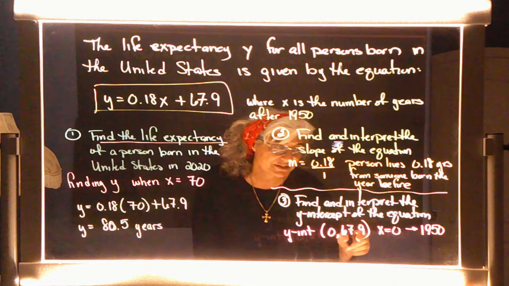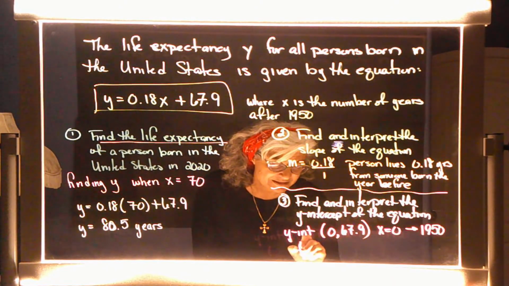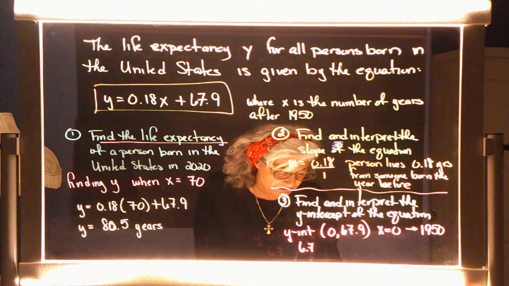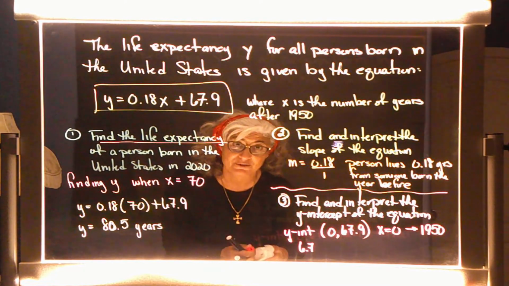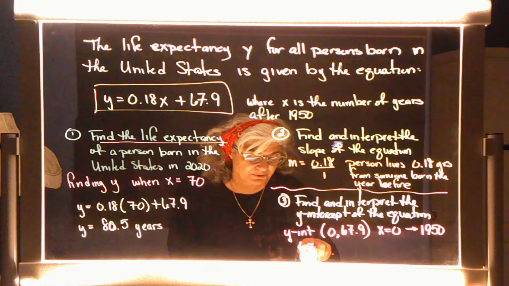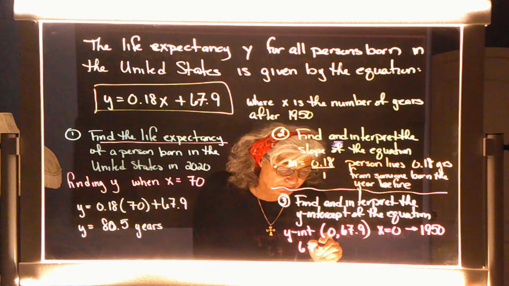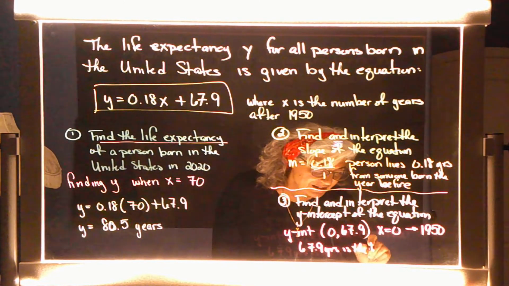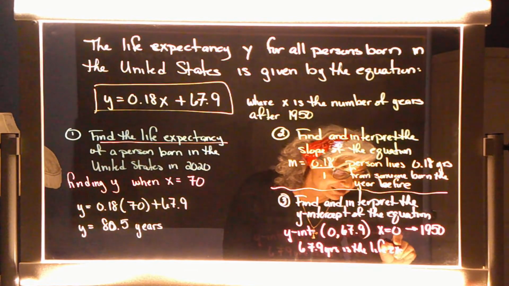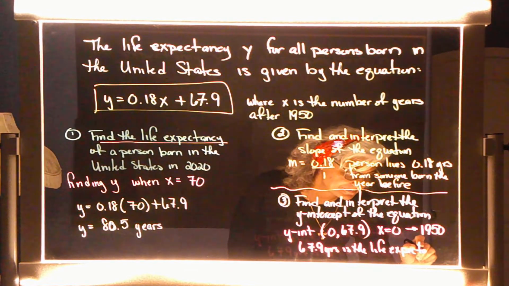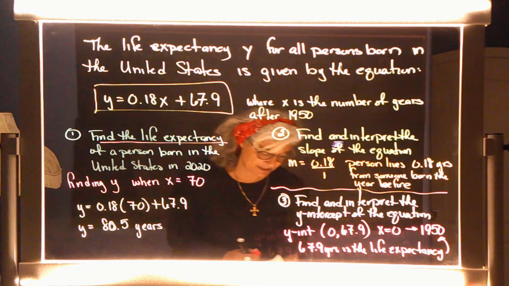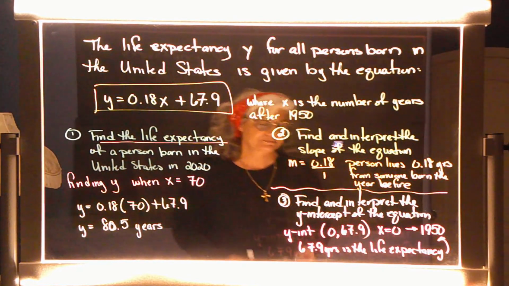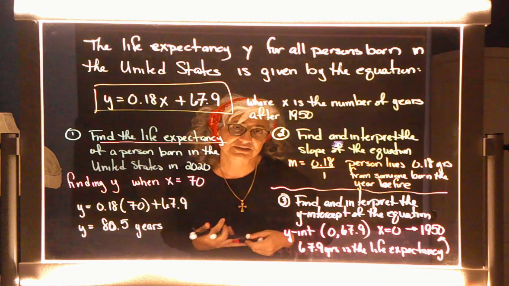And this y-intercept, this 67.9 years, is the life expectancy of somebody who was born in 1950. Cool? Does this make sense?